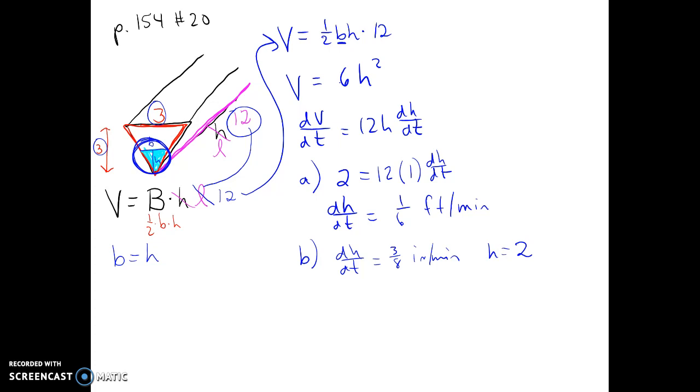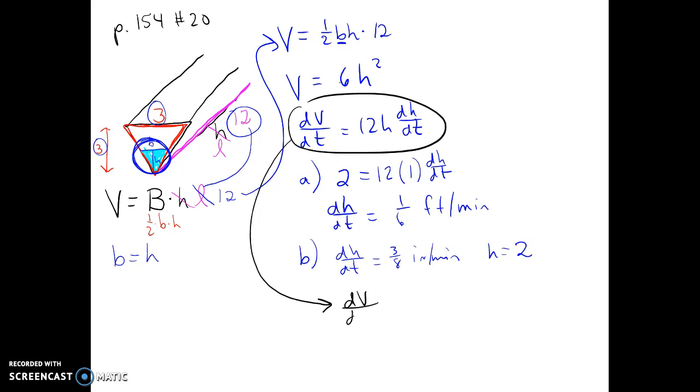So taking this formula again, this time we're looking for dV over dt. It would be 12. The height is 2. And the dH over dt is 3/8.